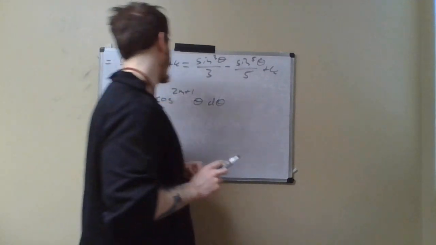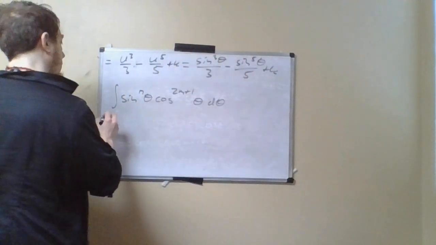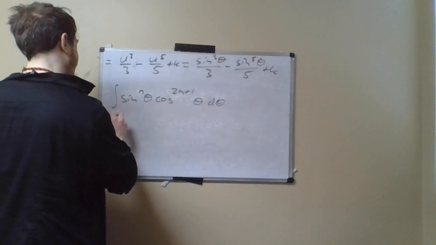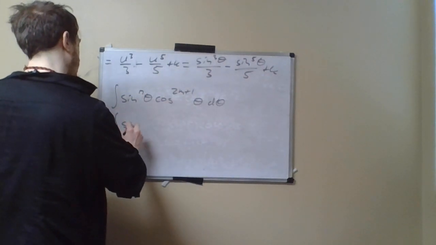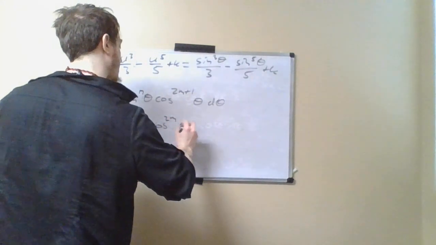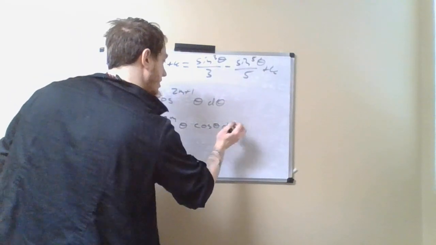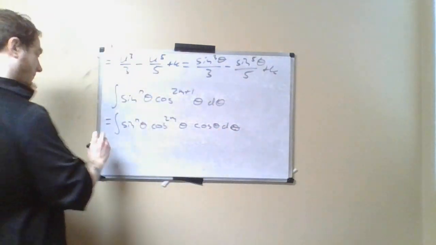So this is just a way of writing out a general odd number. Well, you can rewrite this as the integral of sine to the n theta cosine to the 2m theta cosine theta d theta. That's a du, d theta.